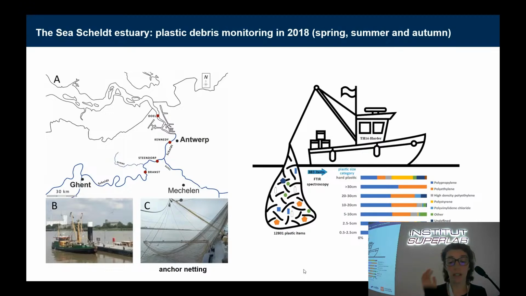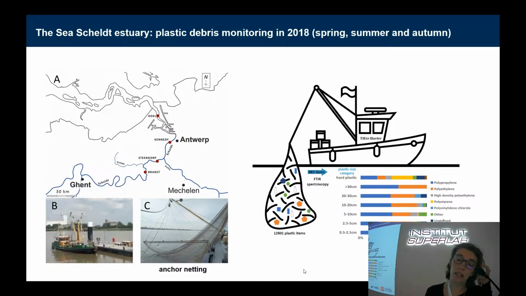We used anchor netting for taking the samples at different spots at the Scheldt River. This is the estuary, which is connected to the North Sea.